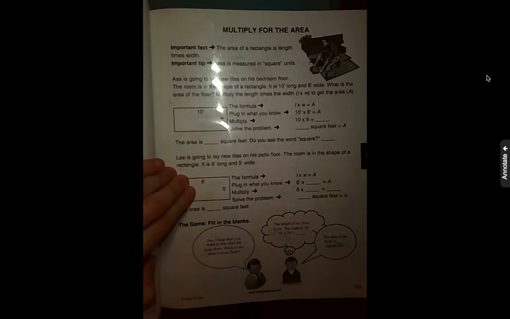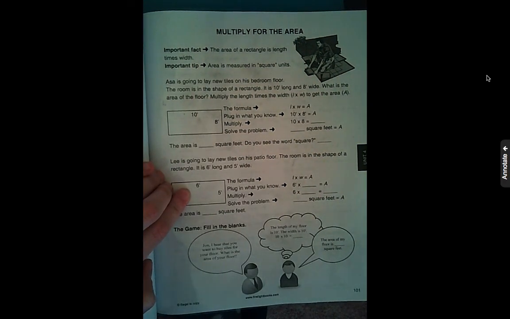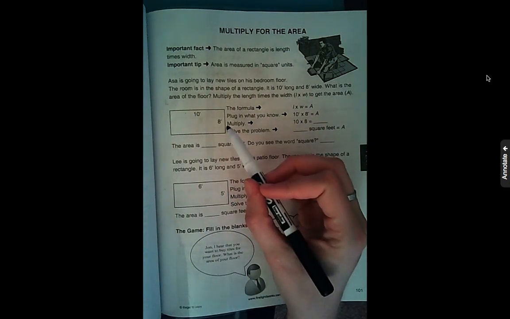So it says Asa is going to lay new tiles on his bedroom floor. The floor is in the shape of a rectangle. It is 10 feet long and 8 feet wide. What is the area of the floor? Multiply the length times the width, so L times W, to get the area, or A. So here's our formula. Length times width is our area, so they took 10 times 8.